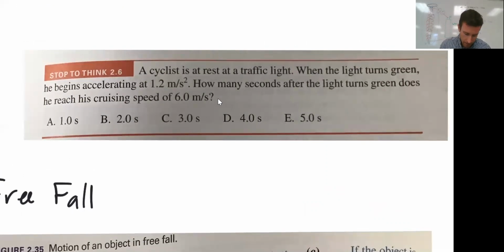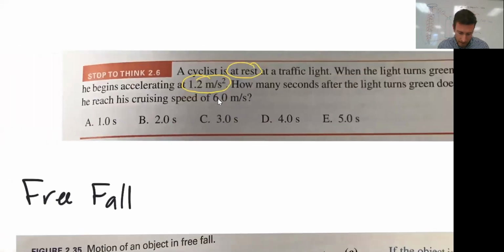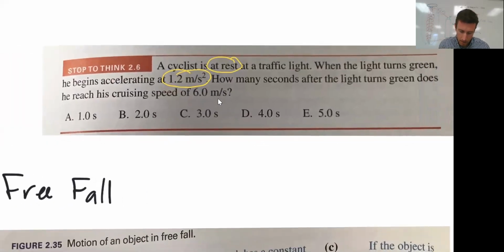So I'm going to start circling the things that I know. He is at rest initially. How many seconds after the light turns green does he reach his cruising speed of 6 meters per second? Okay, so how many seconds is our need?